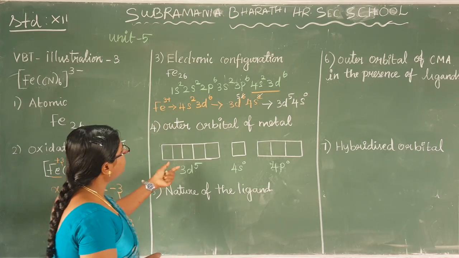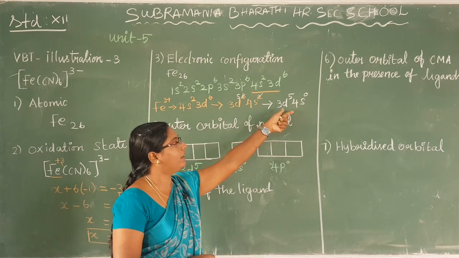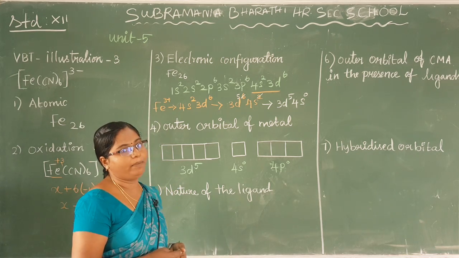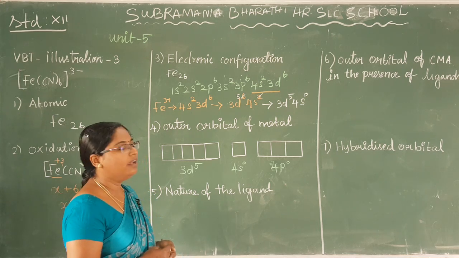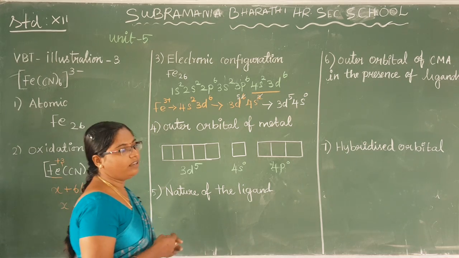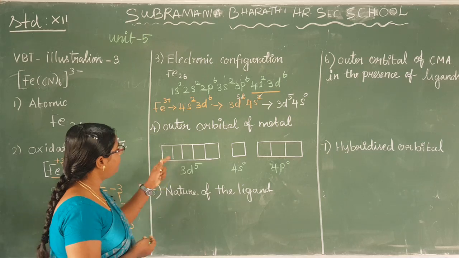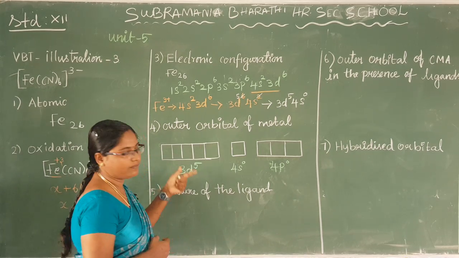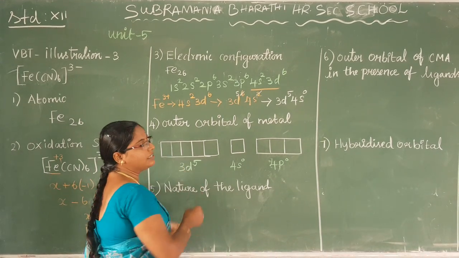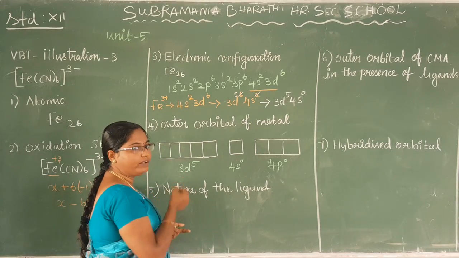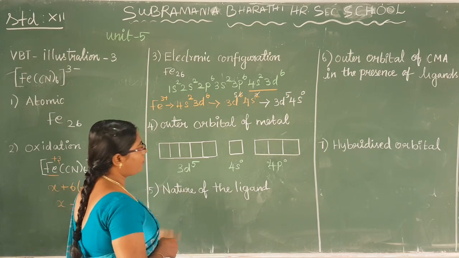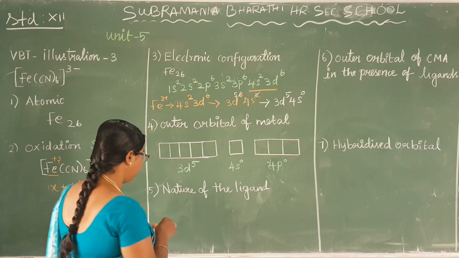I am going to fill the electrons in 3d5. Already we studied the filling of orbitals in 11th standard chemistry. While filling the orbitals, we have to follow the half-filled principle, Hund's rule: until all the available orbitals are singly filled, pairing does not take place. Each degenerate box is filled first, and afterwards only the pairing takes place.